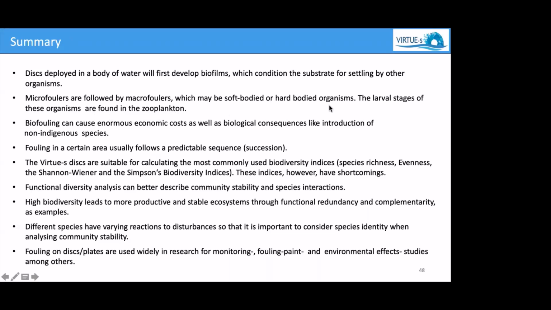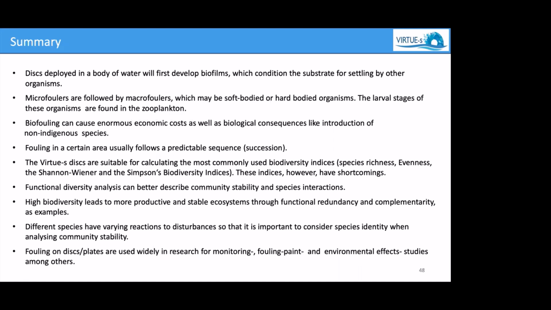The larval stages of these organisms, which you will find later on the disc, had a part of their life cycle as zooplankton in the water. This zooplankton will usually come from the organisms already present in that location.